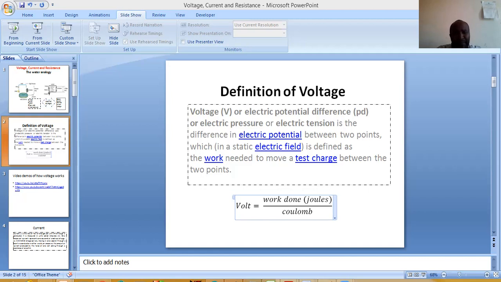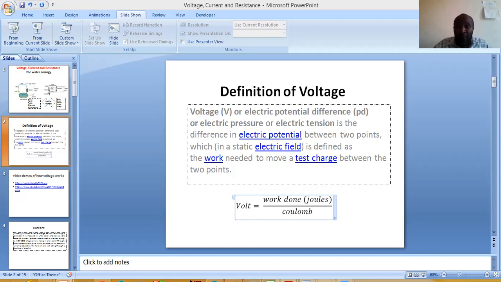Now, another unit of electrical energy that is commonly used is the kilowatt hour. Instead of joules, electrical energy is often expressed in kilowatt hours. What is it? You get energy in kilowatt hours if you multiply power in kilowatts.